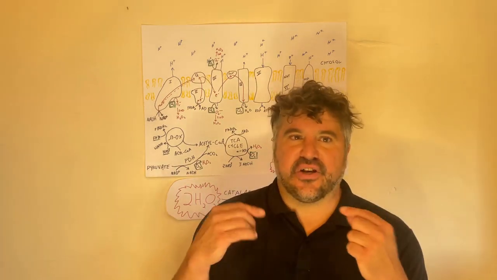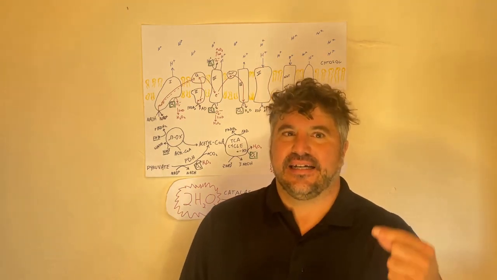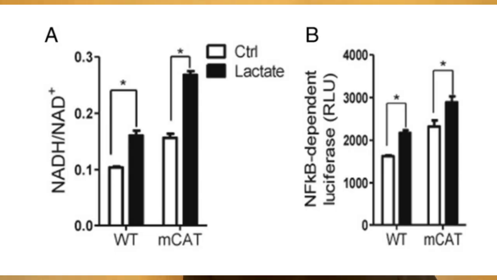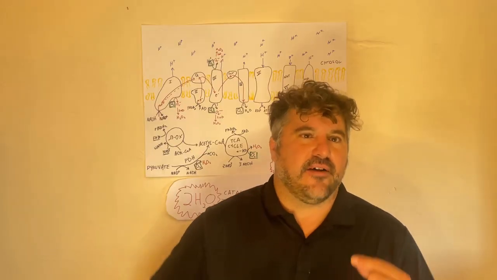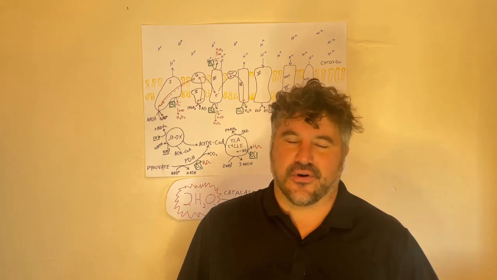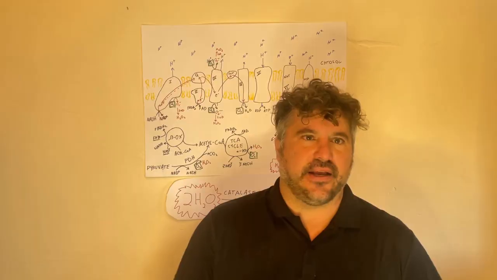To confirm in this study that NF-kappa beta is actually turned on by reductive stress, the authors took some of the cells and incubated them in the presence of lactate. And lactate increases the NADH to NAD plus ratio. Lactate increases reductive stress. And in fact, those cells incubated in lactate have more inflammation, more IL-6, more of all kinds of markers of inflammation than the cells that are not incubated in lactate.